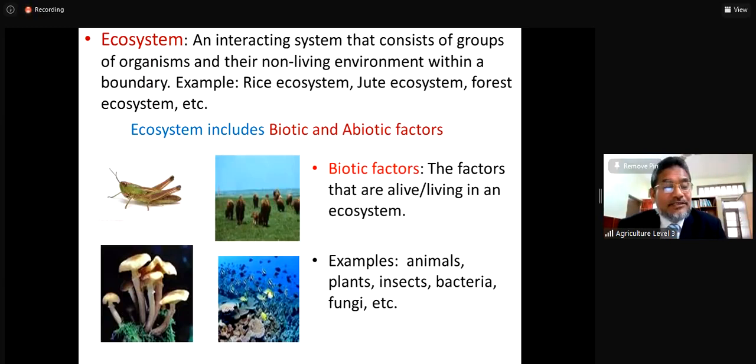So there is a shortage of food. Insects cannot move also. It has no developed wings. In that situation, another insect is helping the individuals which cannot move from one place to another place. Mealybug, for example, mealybug cannot fly because it has no wings sometimes.